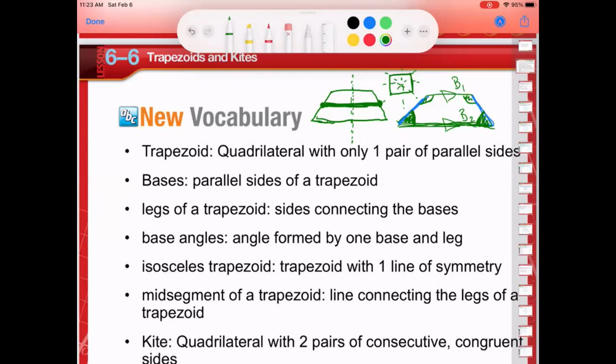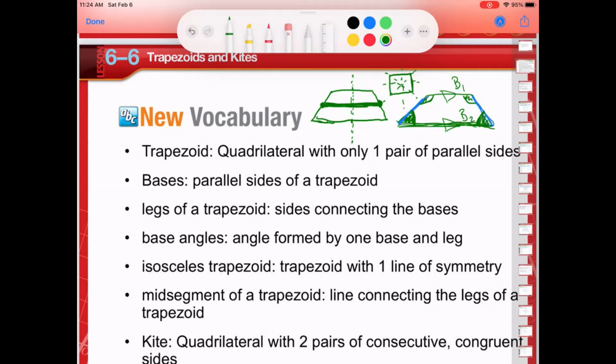Okay. Then a kite is a quadrilateral with two pairs of consecutive congruent sides. So it only has two pairs of consecutive congruent sides. A square would not be a kite because it doesn't have two pairs of consecutive congruent sides. They have to be different.